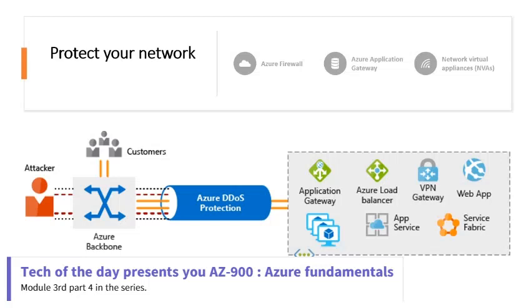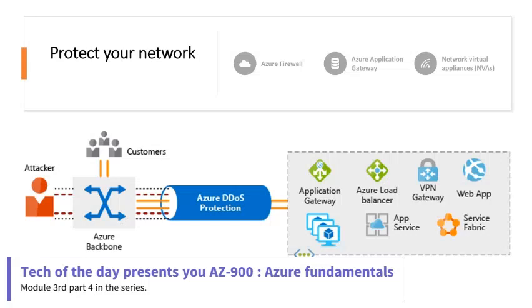It is a fully stateful firewall as a service with built-in high availability and unrestricted cloud scalability. Azure Firewall provides inbound protection for non-HTTPS protocols. Examples of non-HTTPS protocols include remote desktop protocol, secure shell, and FTP, file transfer protocol. It also provides outbound network level protection for all ports and protocols.